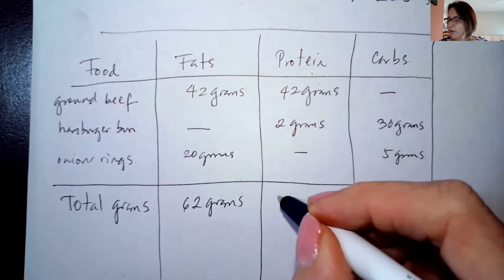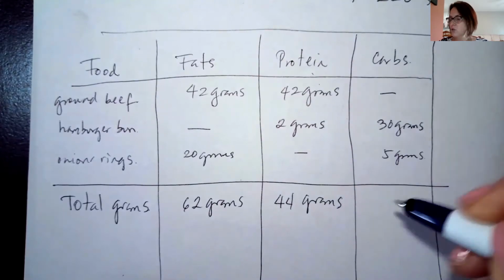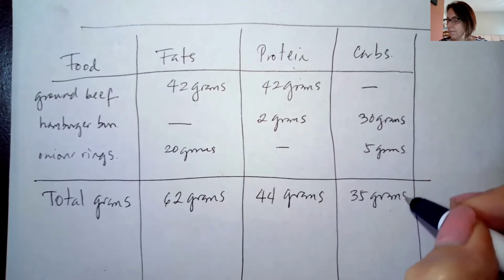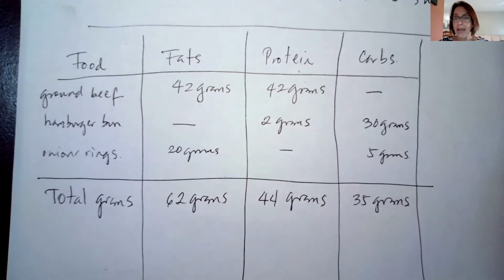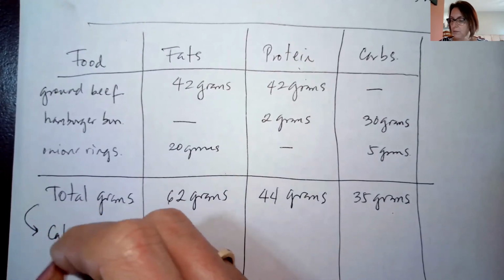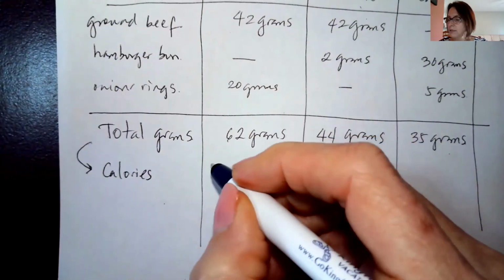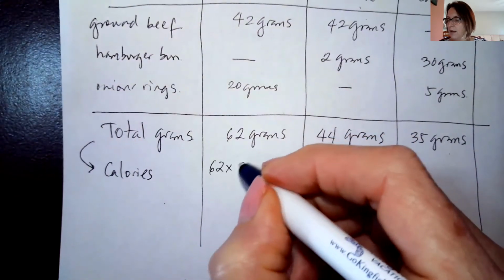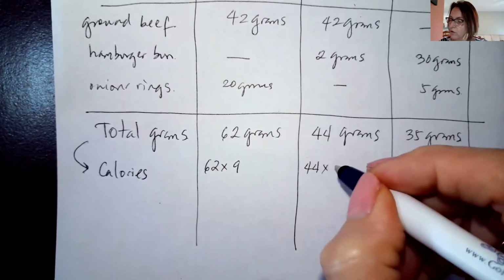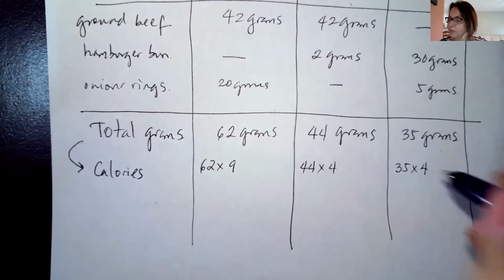Total grams of protein, 44 grams. And total grams of carbs, 35 grams. I now need to convert this into calories. For fats, this will be 62 times 9. For proteins, this will be 44 times 4, and for carbs, 35 times 4.